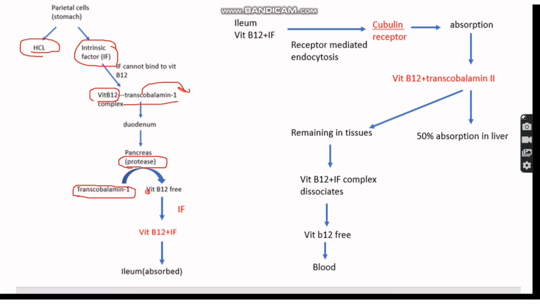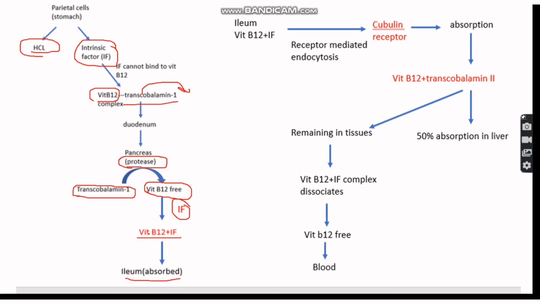So vitamin B12 is now free. It is not bound to any receptor protein or any carrier protein. And then IF, intrinsic factor, will bind to the free vitamin B12 and form the vitamin B12 IF complex. This complex will then go on to the ileum, where absorption occurs.